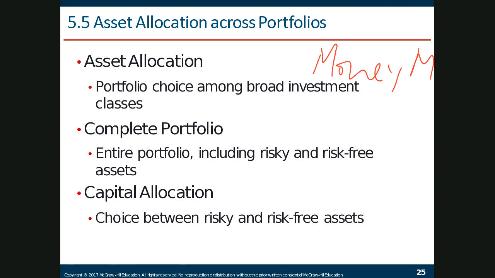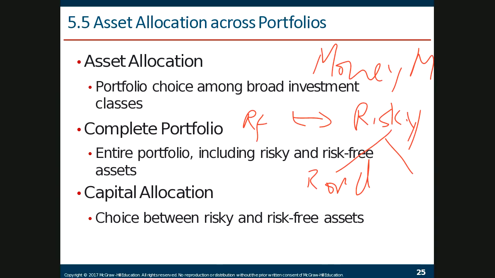So the first question is between the risk-free and the risky assets. And then among the risky assets, we're going to talk about bonds, and yes, bonds are risky assets, and stocks and everything else. As we saw earlier, this is the top down approach, right?